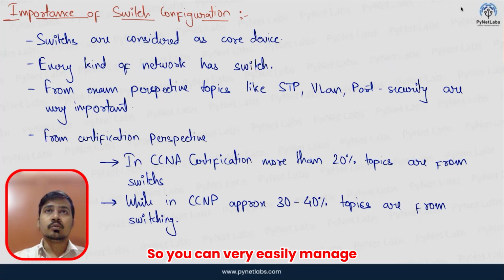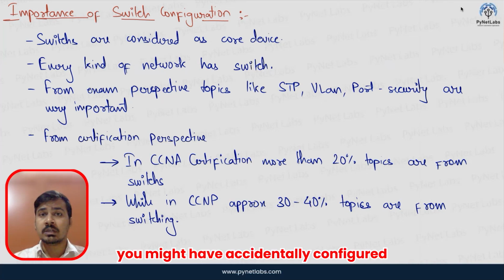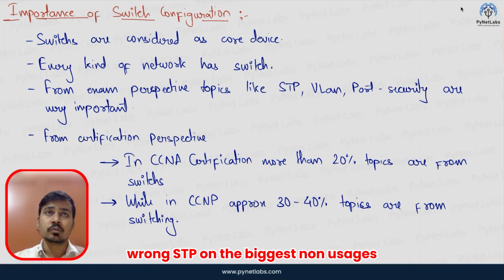So you can very easily manage the switched environment by creating VLANs. Before creating a VLAN, you should understand the need for creating it. If you have connected multiple switches together, you might be using STP to prevent loops. You might have accidentally configured the wrong STP configuration on your switches.